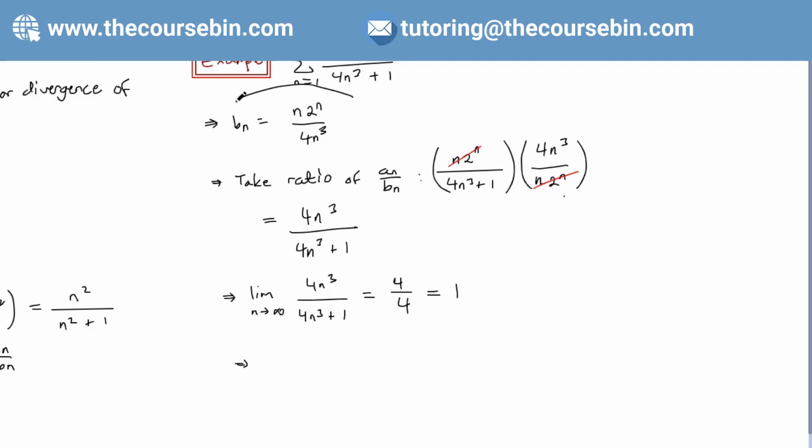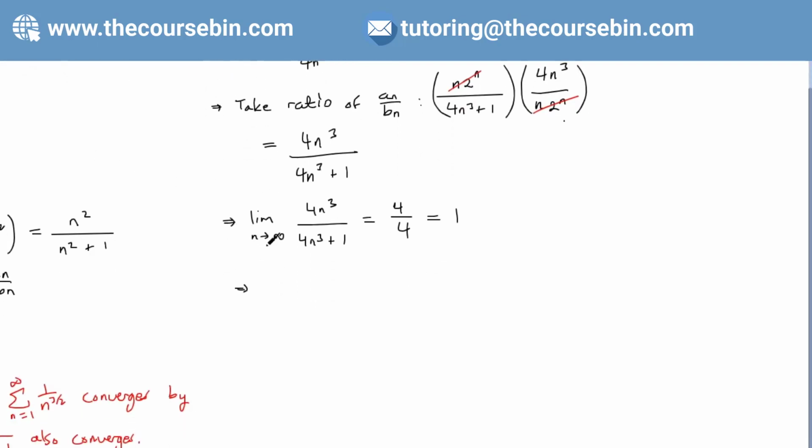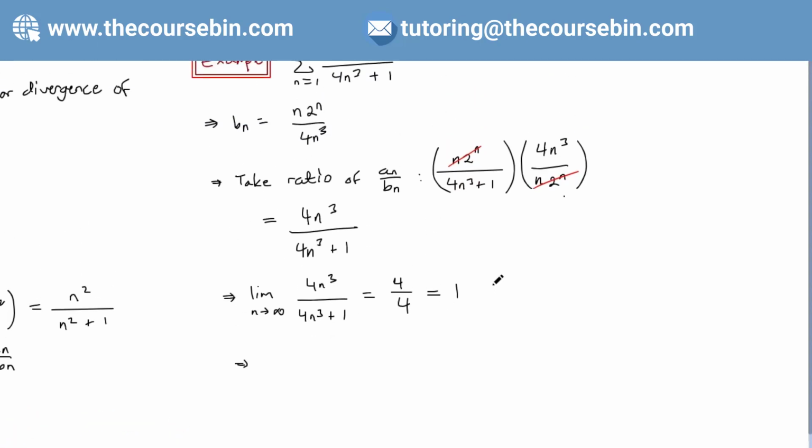Well, we don't know if this converges yet. Okay, how do you know this converges? I was basing that off of how we took the ratio of both of them and got a finite number. Well, that's fine, but the finite number only tells you that either both converge or both diverge.